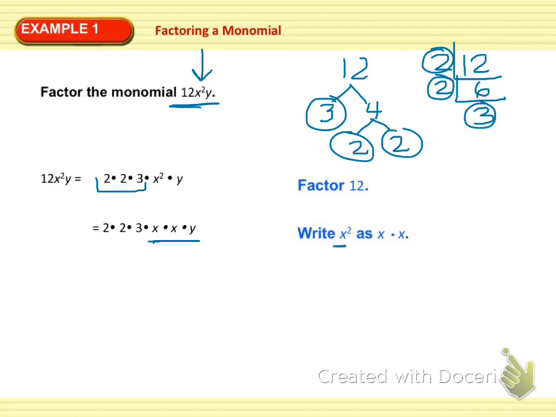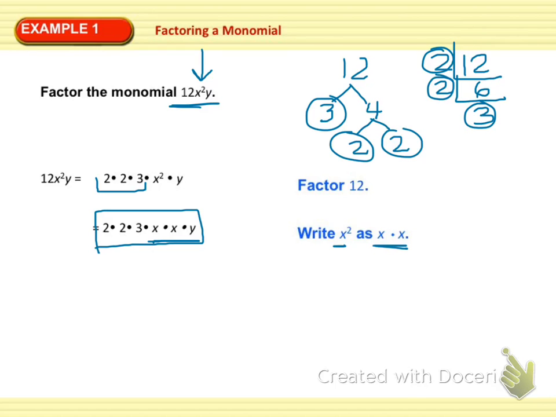We break x squared up into x times x to show all the parts. Notice that in your final factored form, this monomial has no exponents and no composite numbers, and it's all associated through multiplication. If you took 2 times 2 times 3, you would get 12. x times x is x squared, times y. It's the same thing, but broken up into its pieces.